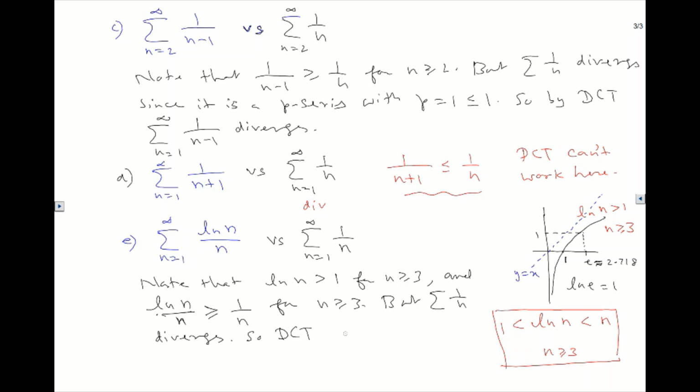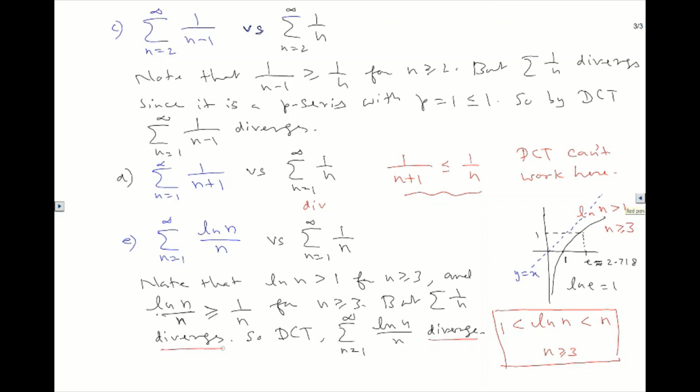Now we can add the first two terms back. That's why we write it starting with 1; it doesn't matter. By the direct comparison test, the series of ln n over n diverges. Please try to remember this argument because it's a very powerful result.